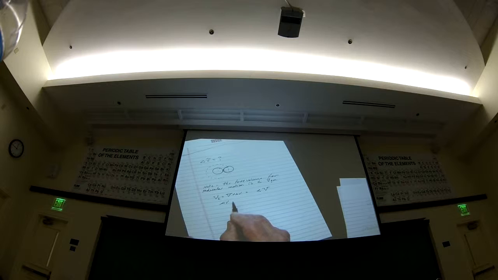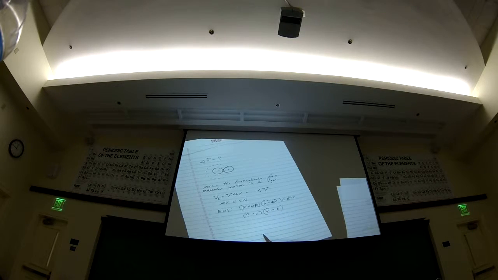Therefore, delta V has a negative sign. I'm going to take the pressure, subtract off some volume because of the excluded volume for free motion. So we have then the equation of state: P times V minus something, and I call that something B.